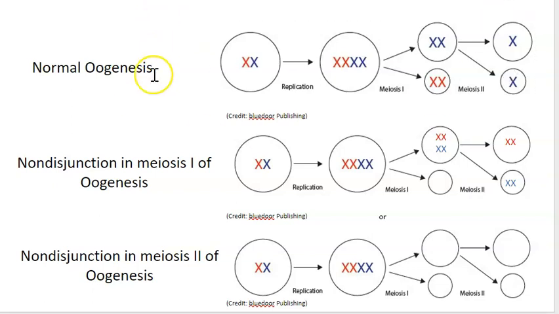But for every one time through meiosis, and we're not going to get into the details of this, they're much more complex than normal meiosis. We'll talk more about this if you go on to anatomy and physiology. For every one oogonium that goes through this process, females only produce one functional egg.